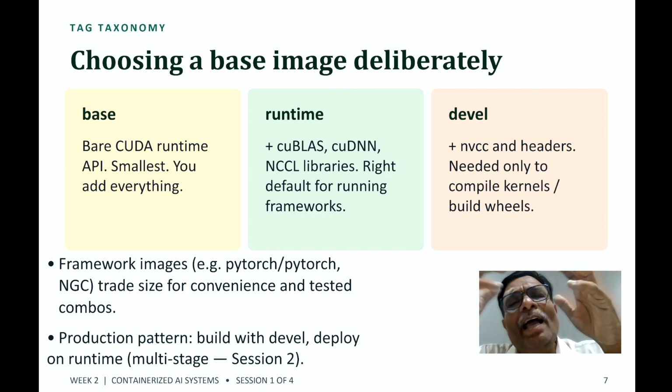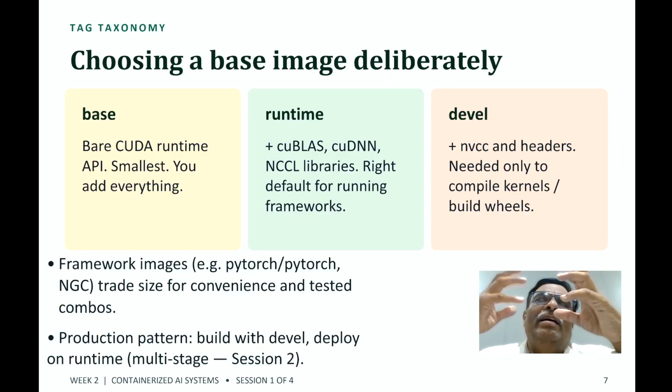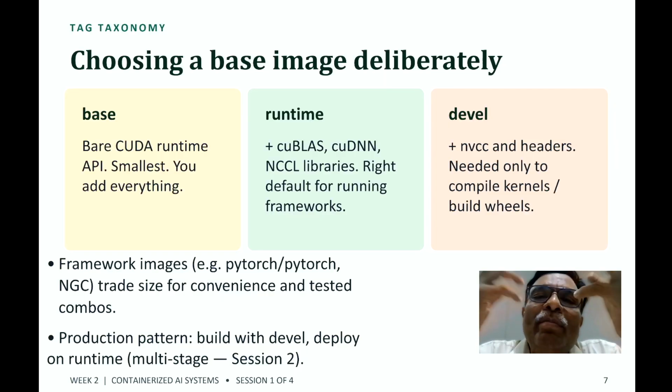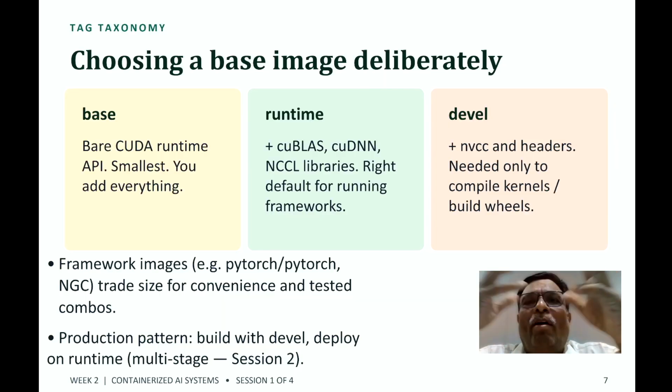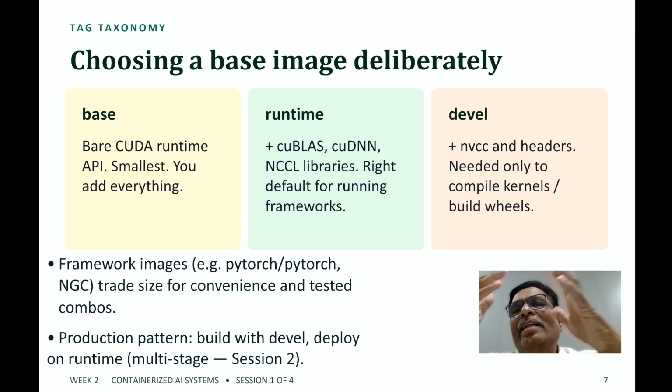When we talk of runtime, you add to this base cuBLAS, cuDNN, and NCCL libraries, and they are basically the right default minimum requirements, okay, for running the frameworks, whatever you want. And when you talk about develop, okay, then we will have to use NVCC and header files, needed only to compile kernels and build wheels.